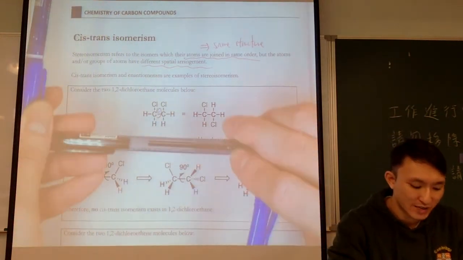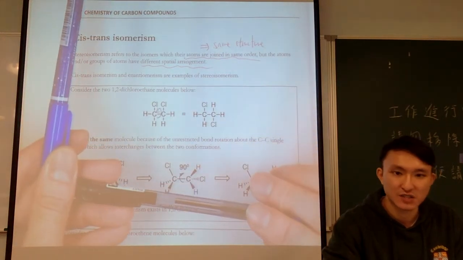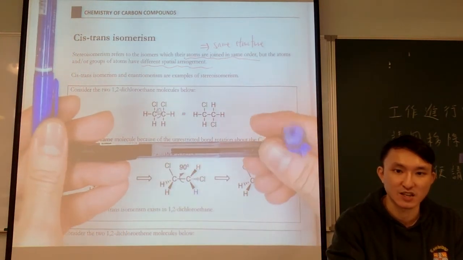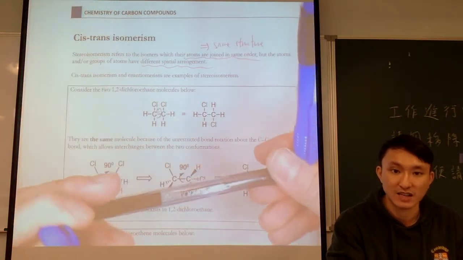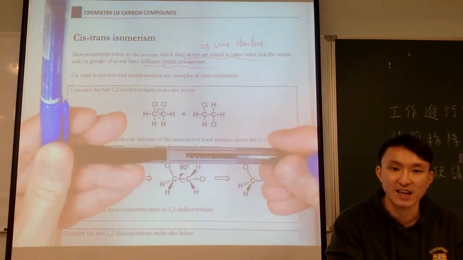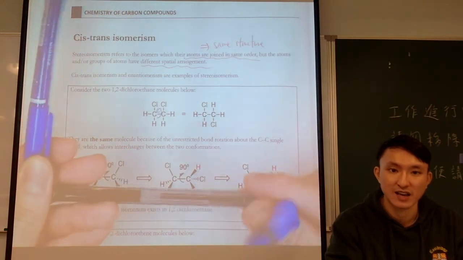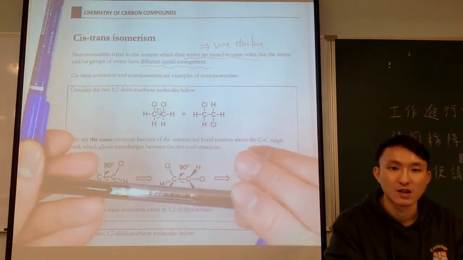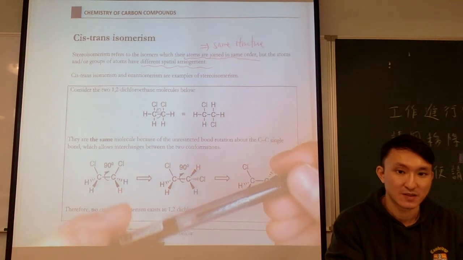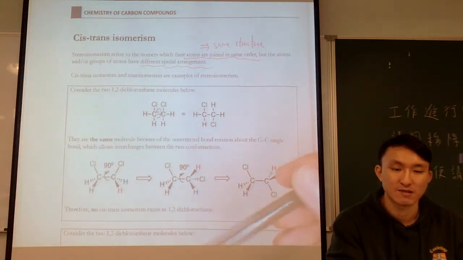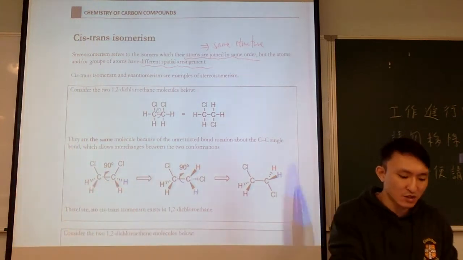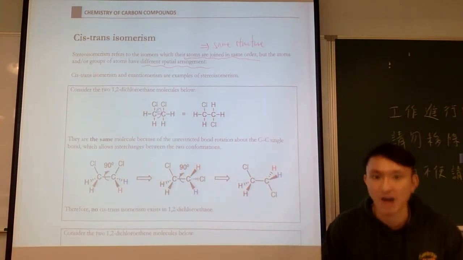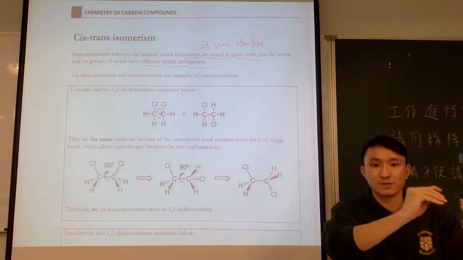So you see these two are the same because the rotation is permissible. The atoms are free to rotate about the C-C single bond so that this one and this one can occur at any given moment. Either one of these can occur. So these two are the same compound because the conversion is permissible.